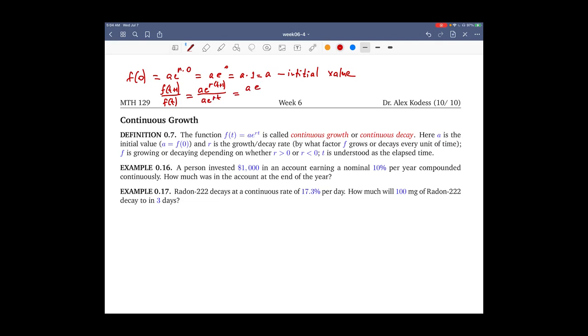That is a e to the power rt times e to the power r over a e to the power rt. a and a cancel out, so do e to the power rt, and we are left with e to the power r.